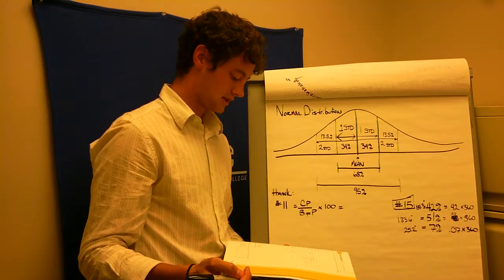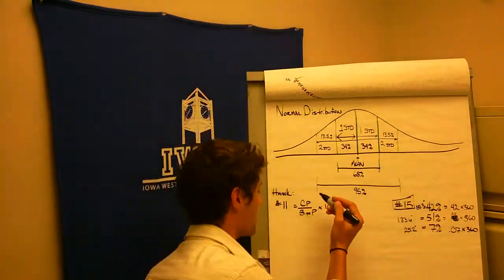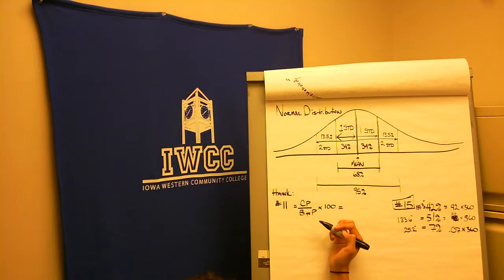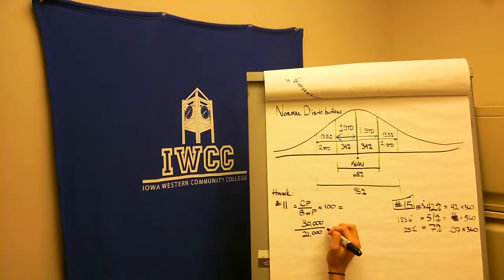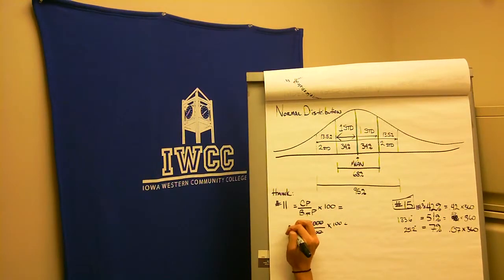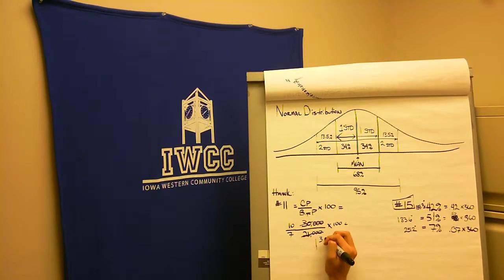Calculate the price relative. Remember we said current price divided by base year price. So our current price is $30,000 divided by our base year price of $21,000, times 100. I can cancel these down and reduce this, so I've got 10 sevenths. 10 sevenths is the same thing as 1 3/7 times 100.